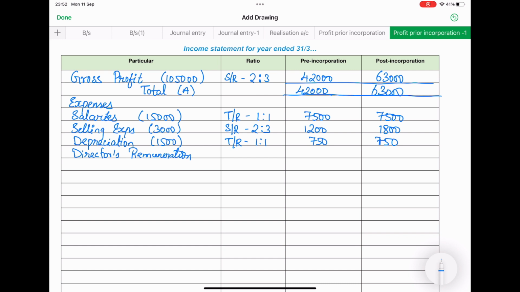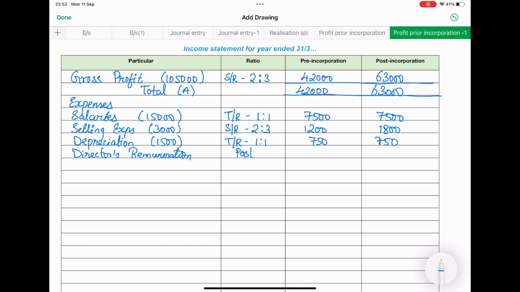Got it? So directors, managing director, CEO, CS, anything related to top-level management, we are going to pay them on the actual basis, fully related to post-incorporation.